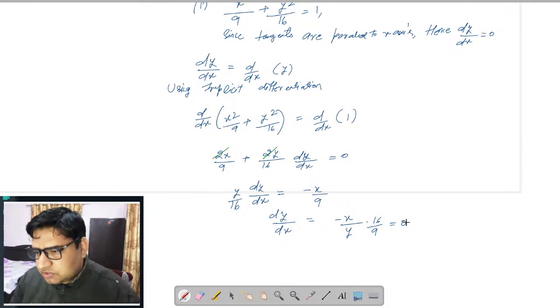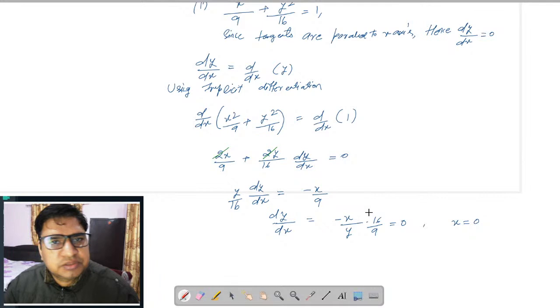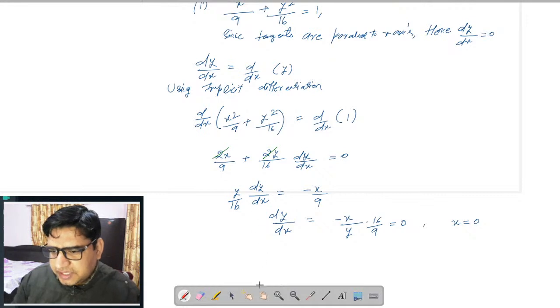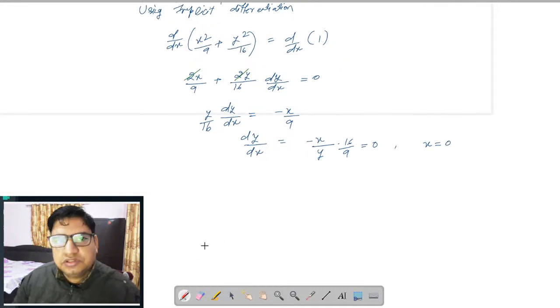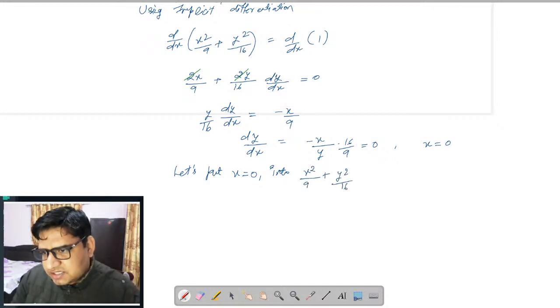If that is equal to 0, it means x is equal to 0, because 0 into something is 0 only, so the variable x must be 0. We get x is equal to 0, and we'll put that into the given equation. Let's put x is equal to 0 into x square by 9 plus y square by 16 is equal to 1.